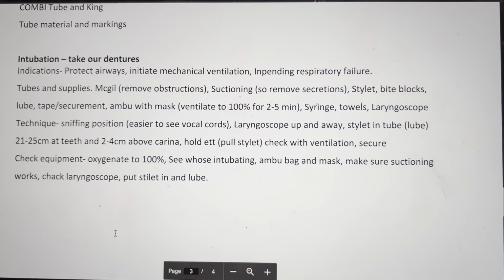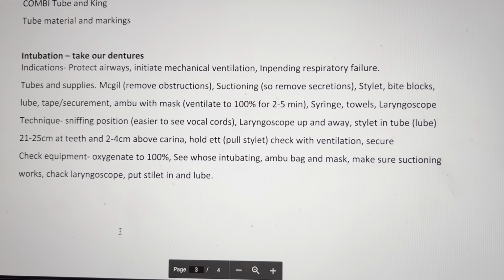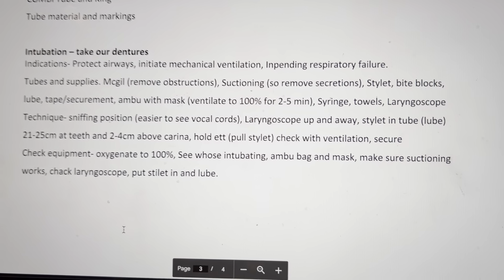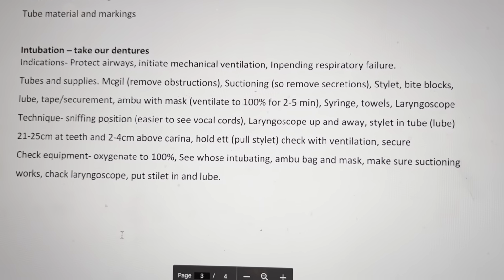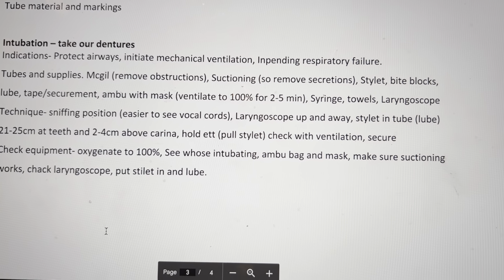Hold the endotracheal tube, pull the stylet, check that ventilation is secure, check equipment, oxygenate to 100%. Again, endotracheal tube sizes: for males it's 8 to 8.5, females 7 to 7.5.